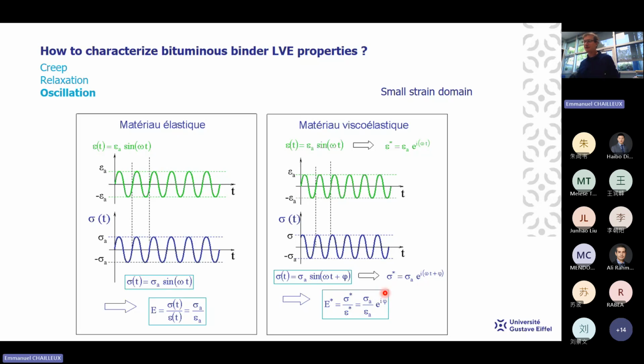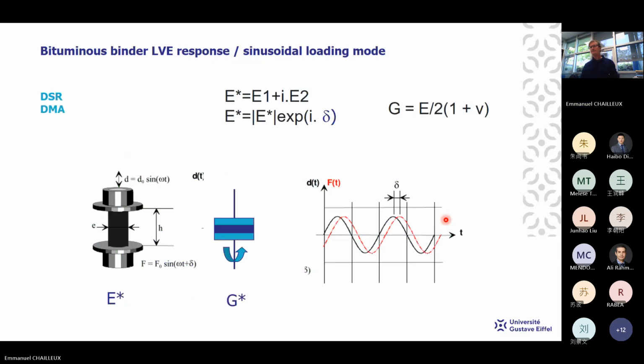And we can measure these parameters over different frequencies, because we can just change the frequency of this sinusoid, and we can measure at different temperatures to characterize the overall viscoelastic behavior. There are two types of device to measure the linear viscoelastic properties in the frequency domain.